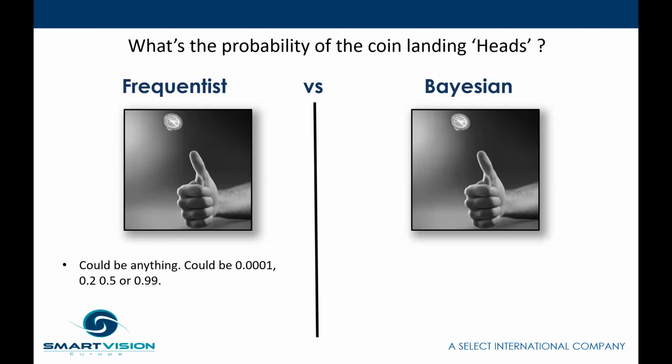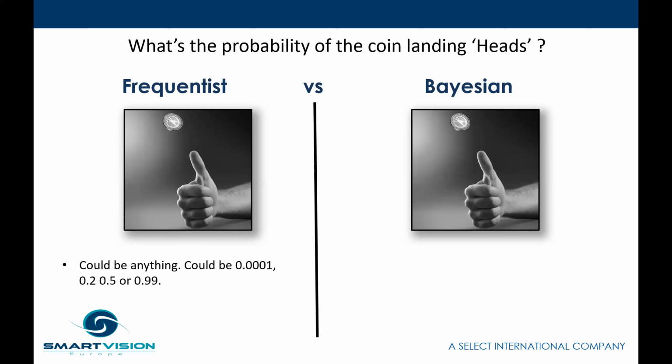Could be 1 in 10,000 that you're going to get a heads. It could be 100% true that you're going to get a heads, 99%. It could be 10%. It could be 5%. It could be 50%. That may not seem very reasonable, but that's what the Frequentist tradition says.